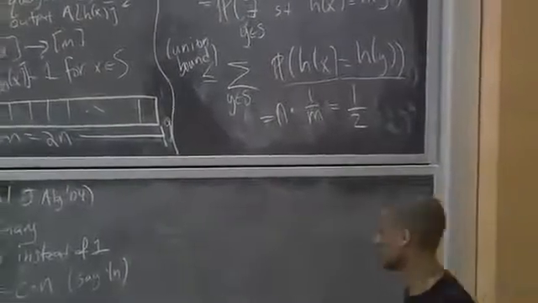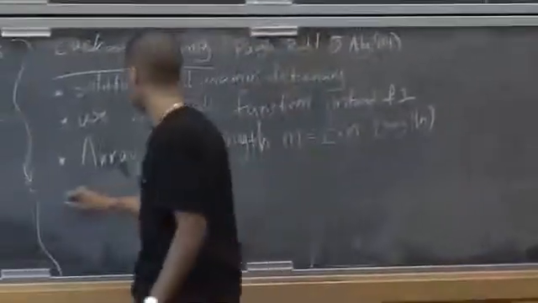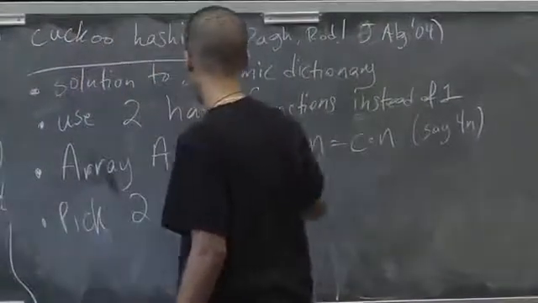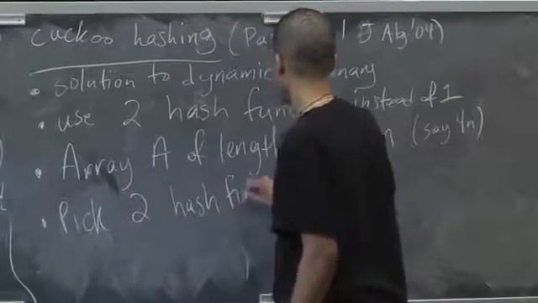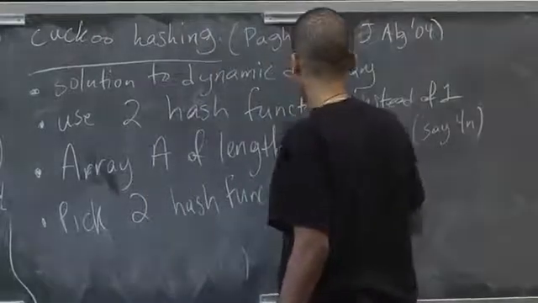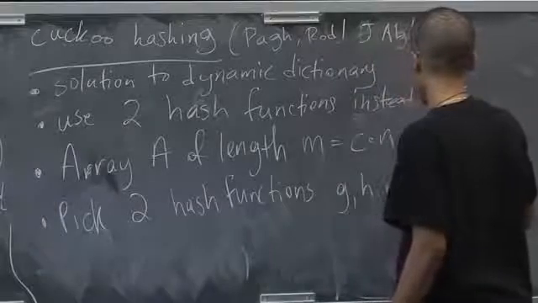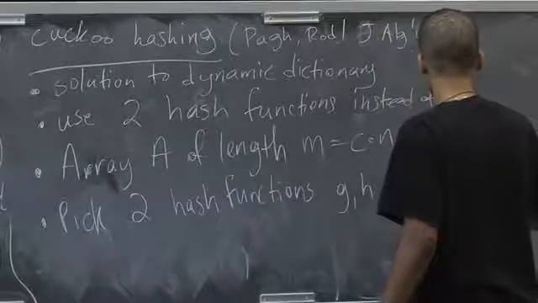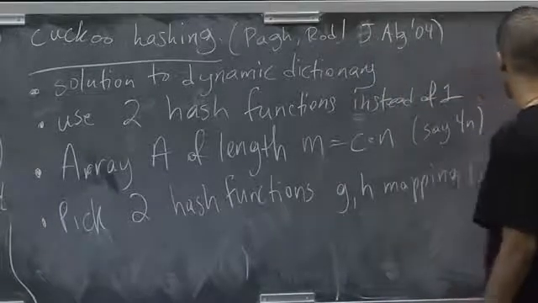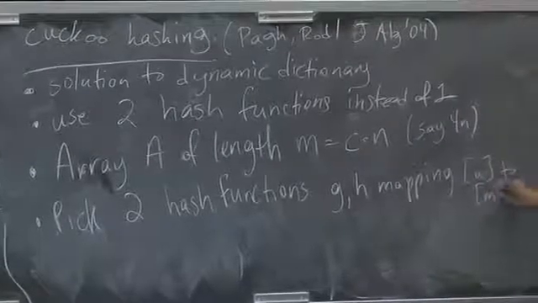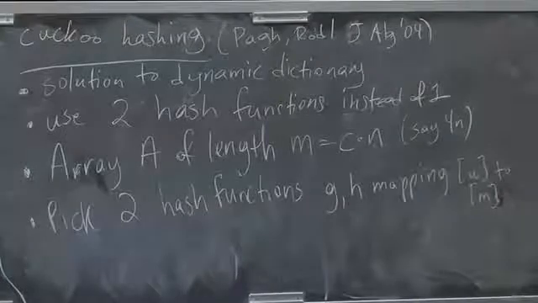Okay, so we have this array of length c times n, and we pick 2 hash functions, g and h, mapping U to [m]. And let's just imagine that they're actually perfect, totally random hash functions.